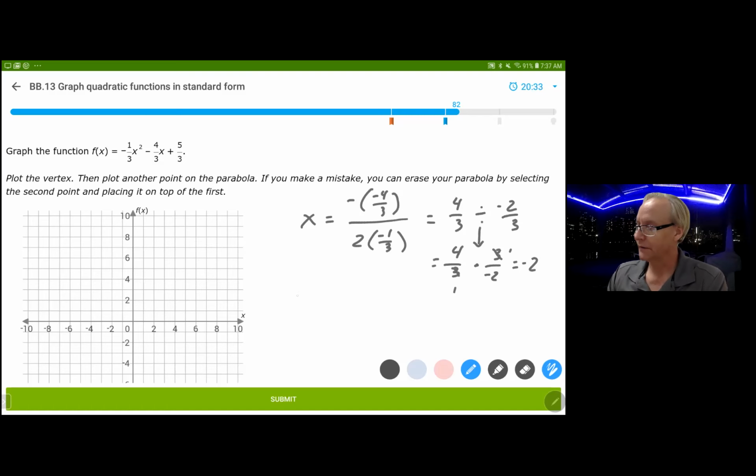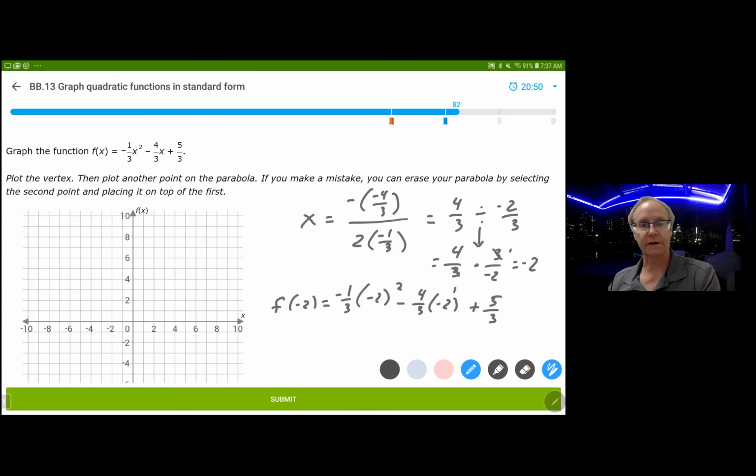Now I need to substitute the -2 in and get my value for my function at -2. So I've got f of -2 is equal to -1/3 times -2 squared minus 4/3 times -2 plus 5/3. Now I'm going to do just a couple of things here. I am going to square this and put the -1/3 with it, which is -4/3.